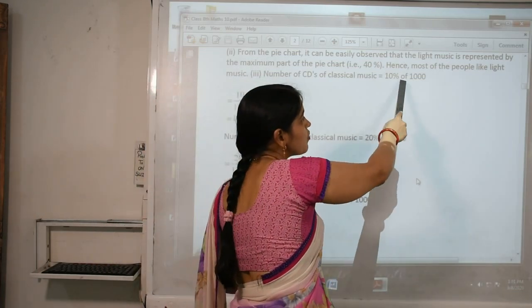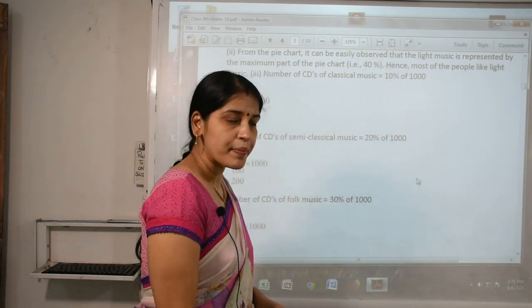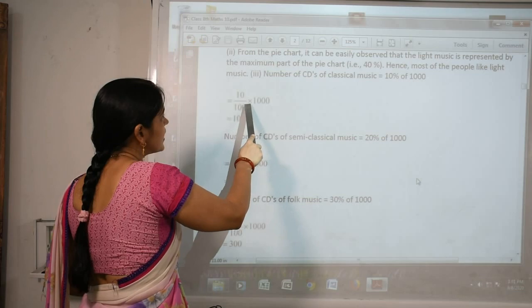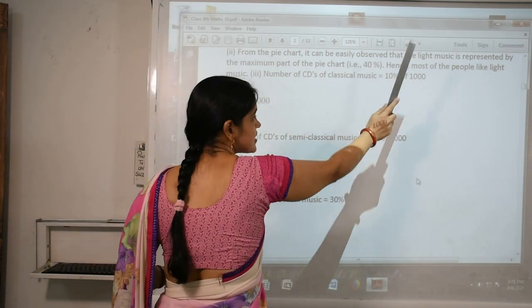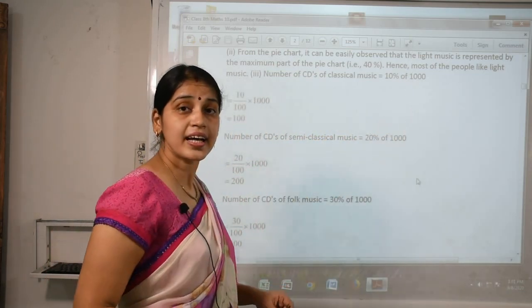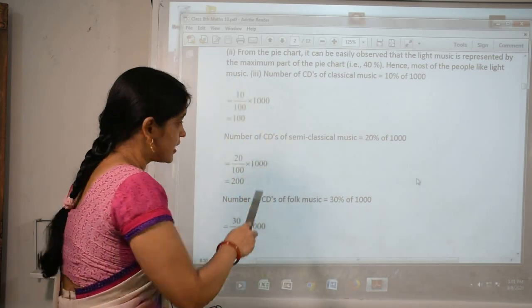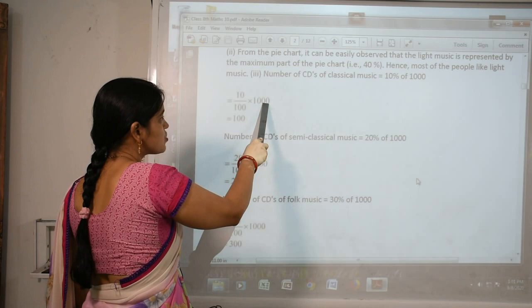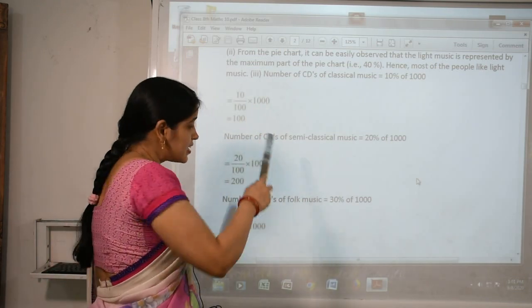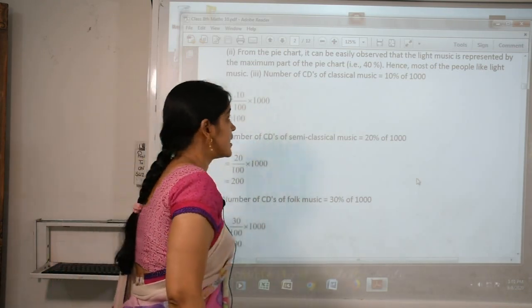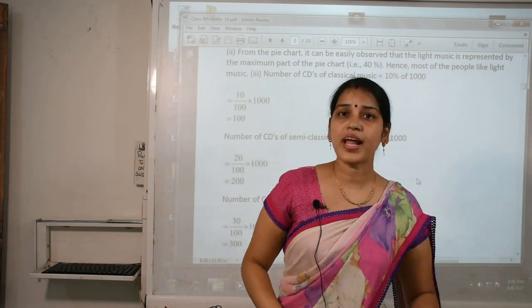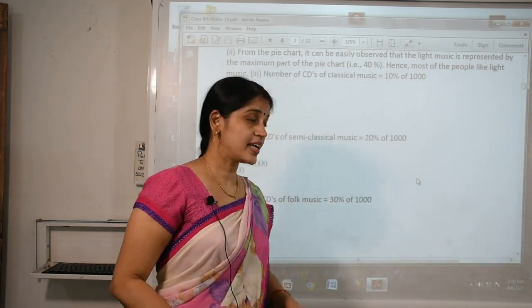And what is the meaning of of? Of means multiply. So 10 upon 100 into total, total here 1000. So 10 upon 100 into 1000. Now this 10 and this 10 get cut. So 10 into 10 it is 100. So number of CDs of classical music is 100.